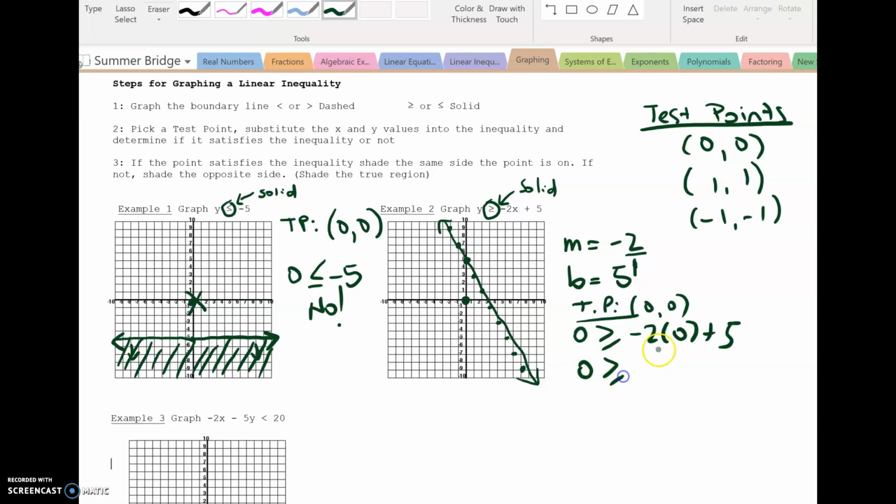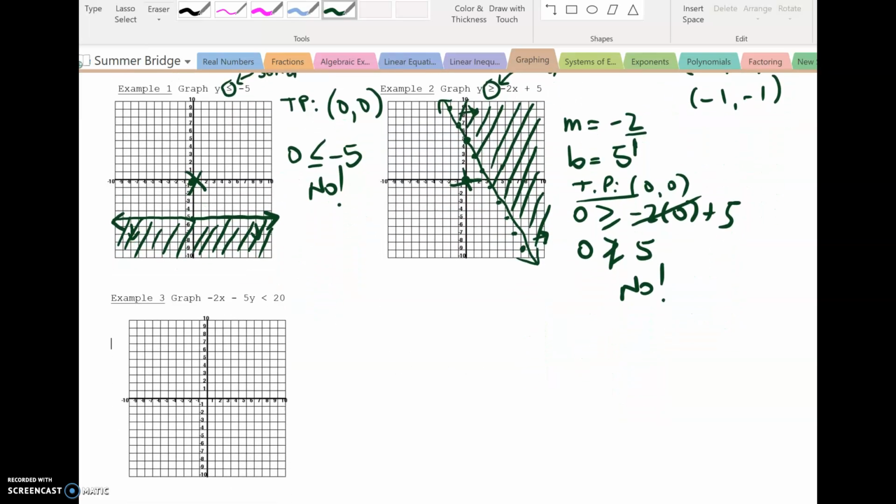So 0 is greater than or equal to 5. That is definitely not true. So that is not a solution, which means we need to shade in the opposite direction. So those are all of your solution sets, and that would be the graph of that linear inequality.